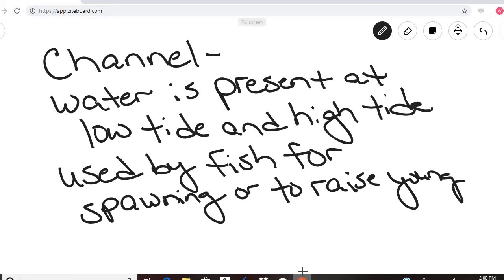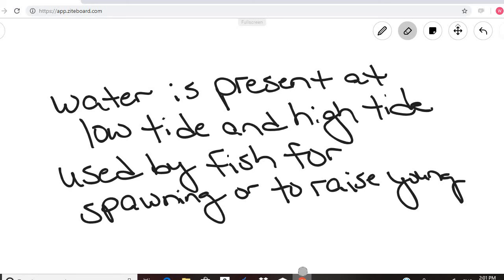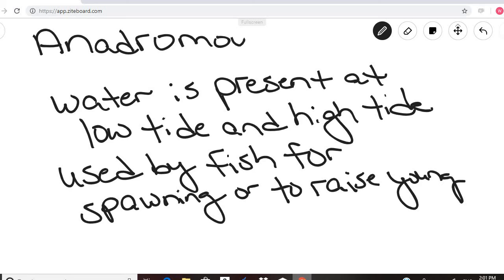So remember when we used the word anadromous. These are fish that mate and give birth in fresh water, but then they spend their adult lives in salt water.